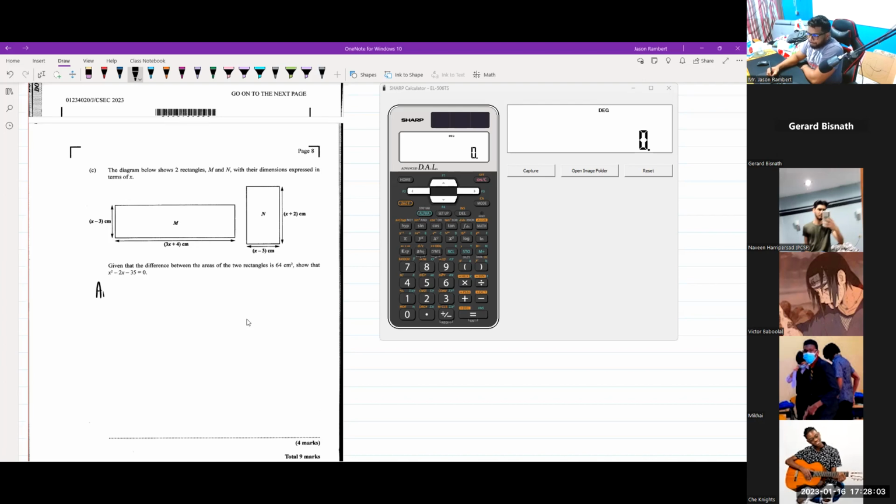Area of M is length by width: 3x plus 4 into x minus 3. And area of N, same thing, length by width: x plus 2, x minus 3. The difference between the two areas, so area of M minus area of N is equal to 64.